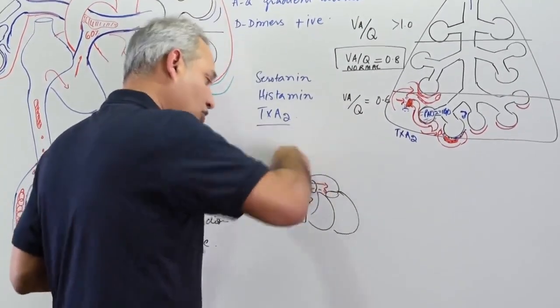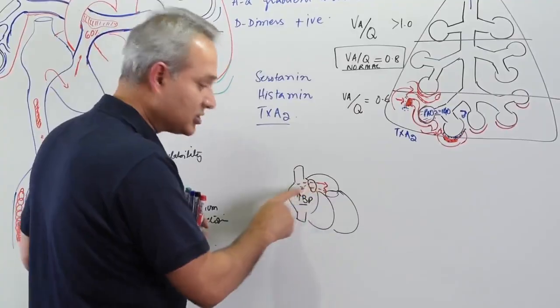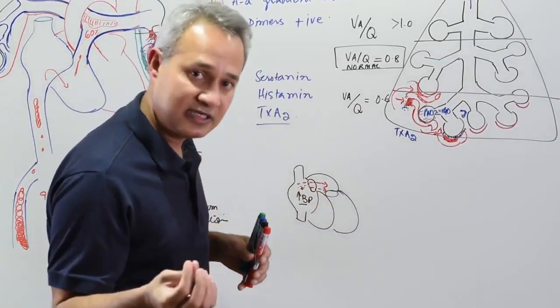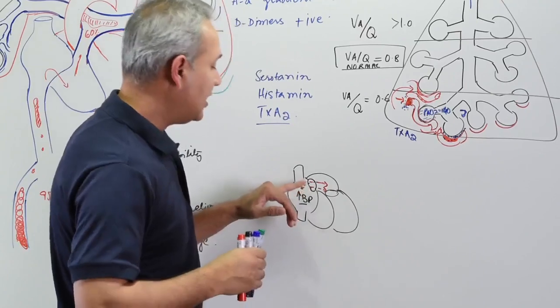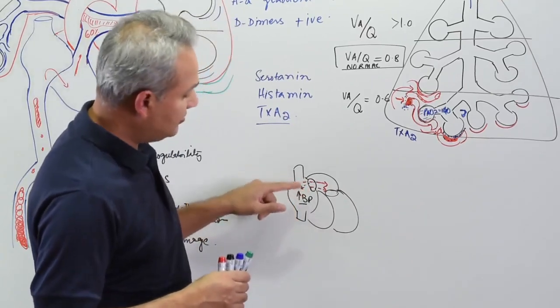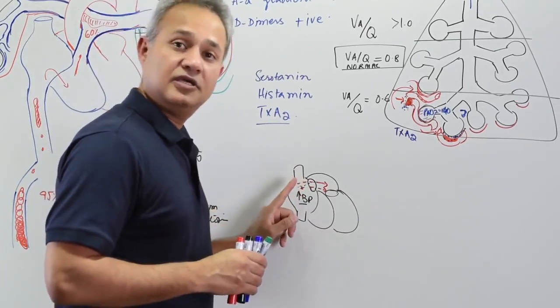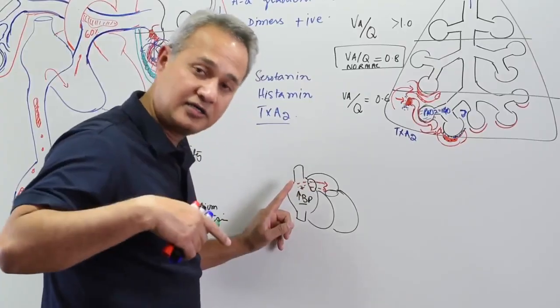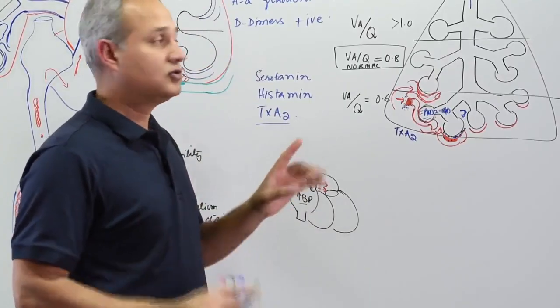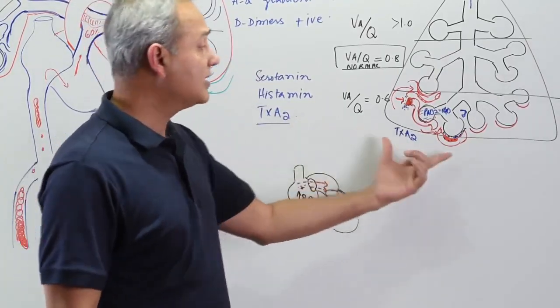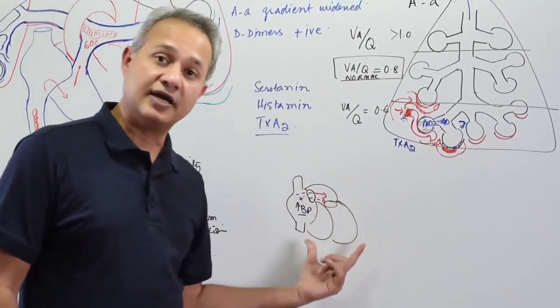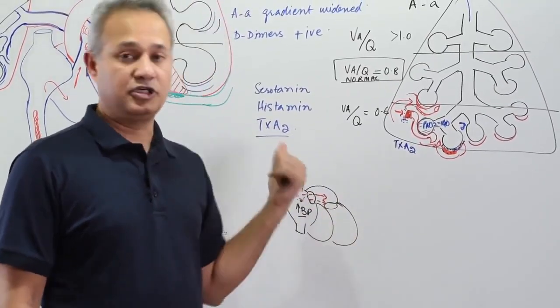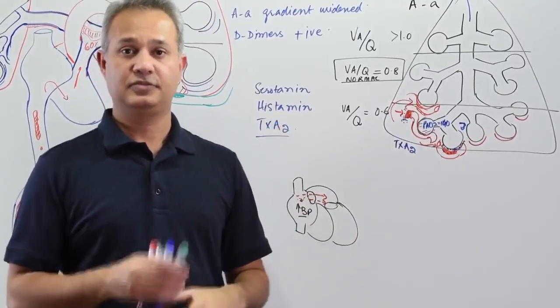That would push even more blood back, and that blood is going to start shunting. So a doctor can accidentally, unknowingly, mistakenly exaggerate the shunting in the heart from right to left. So it is possible that there is a right to left pulmonary shunt which is accompanied by a right to left cardiac shunt. Thank you very much.